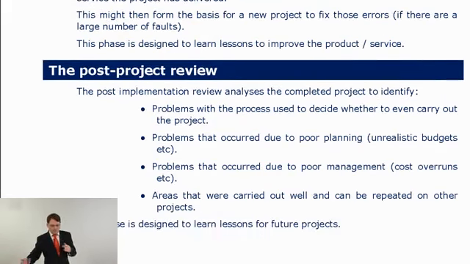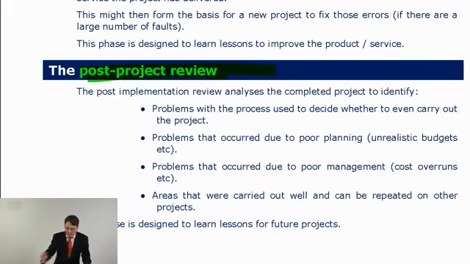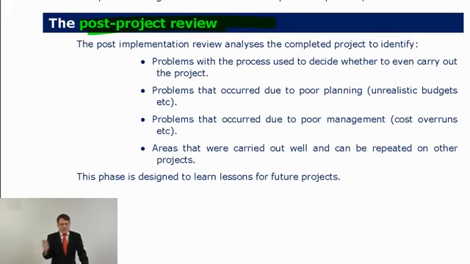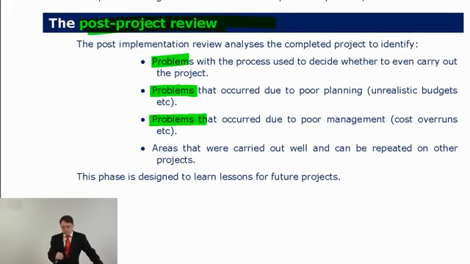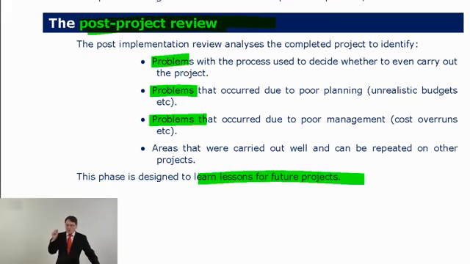Post-project reviews, in a way, are much, much more important. The idea is that you identify what went wrong, and then you think, how can we avoid making the same mistake again?